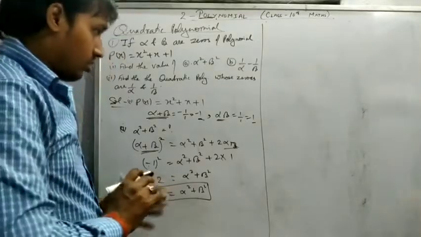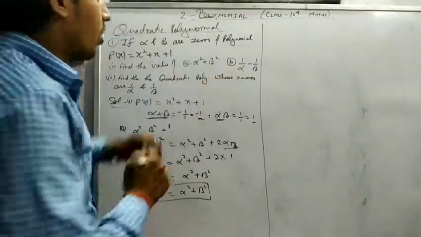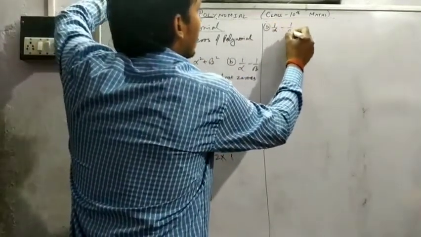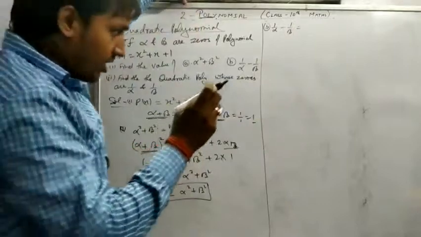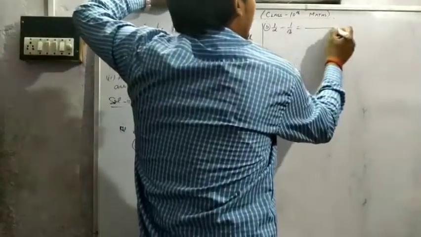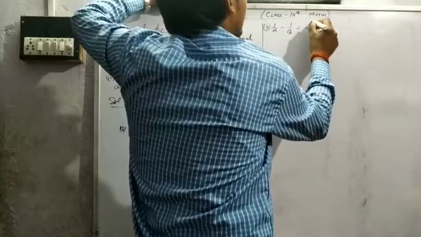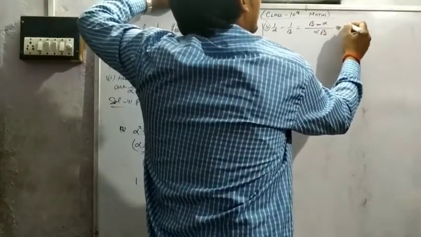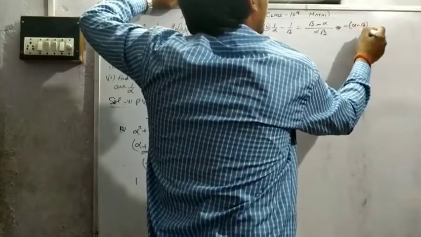Okay. Next, we want 1 upon alpha minus 1 upon beta. So first you simplify, you get alpha beta as LCM, that is beta minus alpha, or you can write minus alpha minus beta upon alpha beta.